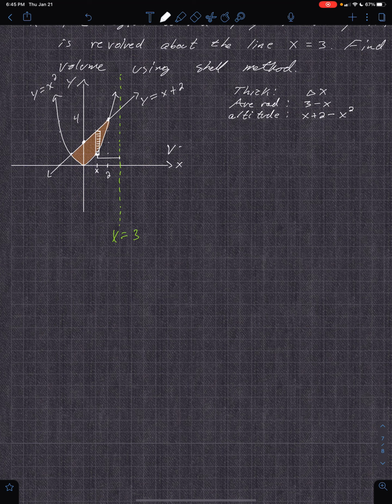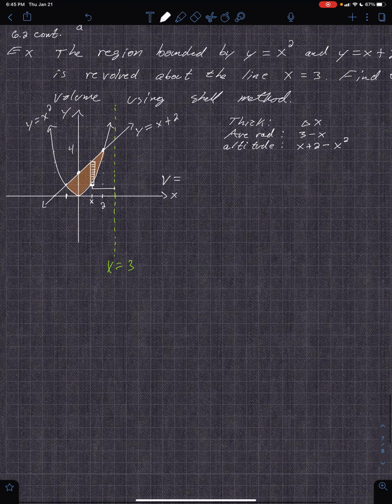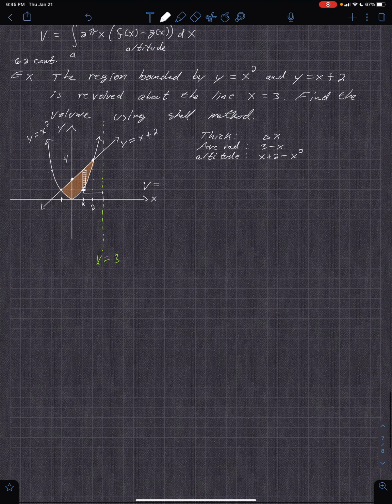So volume equals, and now we're going to integrate from where to where. We need to know that intersection, and you can see that's just 1, right? If x is 1, y is 1.